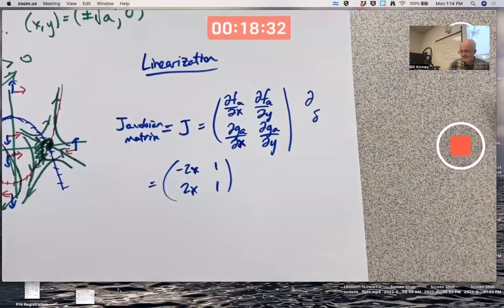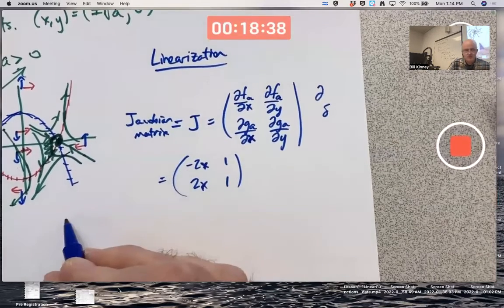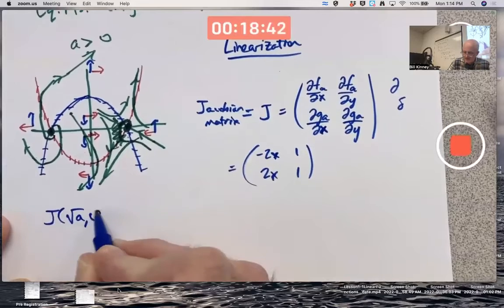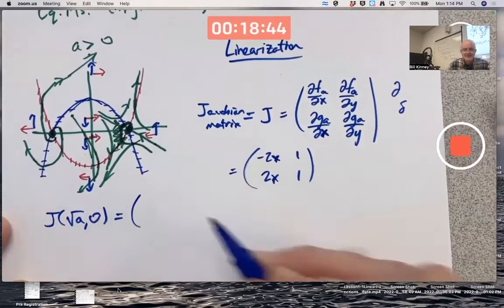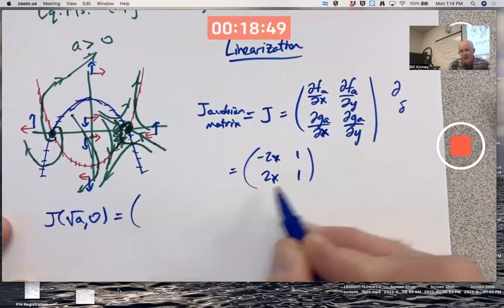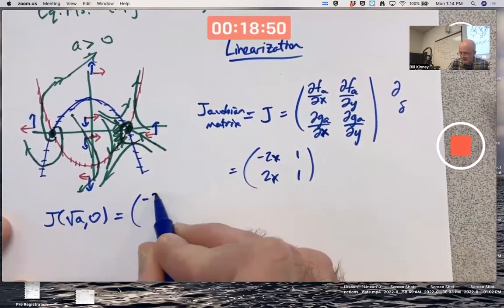There it is. What do you want to do with it? You want to plug in the equilibrium points into it. J of square root of a comma 0 is what? Replace x with square root of a, replace y with 0. Well, there are no y's, so you don't have to worry about that.